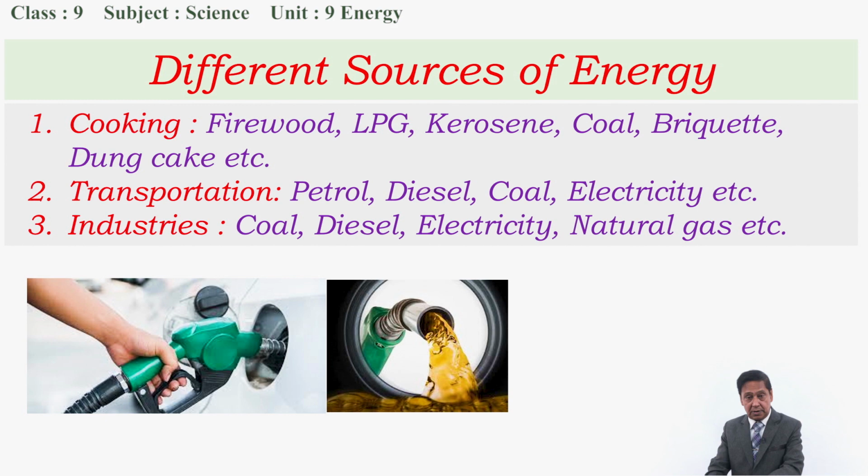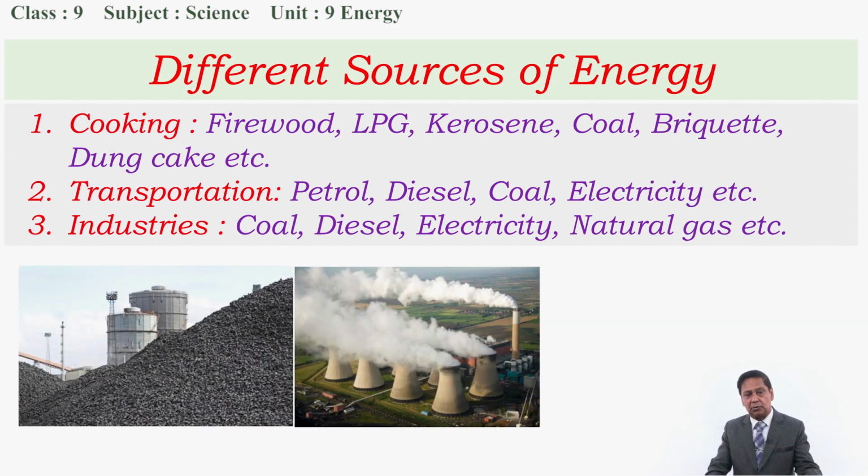I'm not talking about it today. But coal in industry, a huge amount of coal is consumed in industries. Look at this, the pile of coal which is needed to run this industry for a long time throughout the year. That's why they collect a huge amount of coal, and that is used to run these industries.